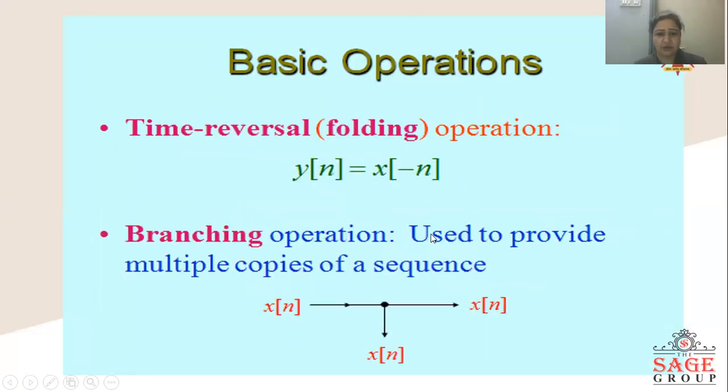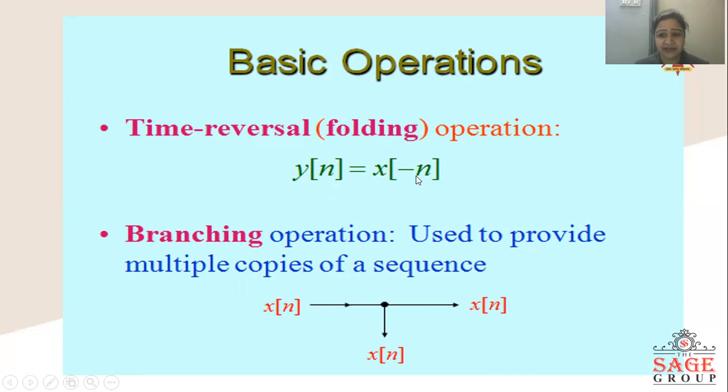Now, time reversal operation. Time reversal operation is represented by y[n] is equal to x of minus n. That means if I put n is equal to 1, y of 1 is equal to x of minus 1.